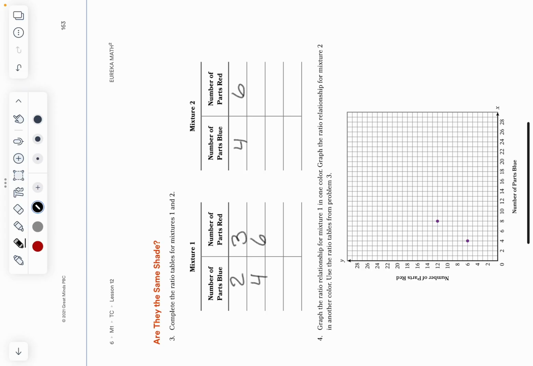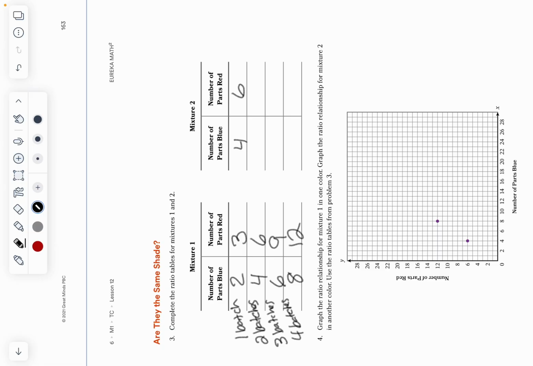For the next one, I'm going to triple it, so I'm going to do times 3. So 2 times 3 is going to be 6, 3 times 3 is going to be 9, 2 times 4 is going to give me 8, and 3 times 4 is going to give me 12. So that's how I'm completing this table. I'm doing this as like 1 batch, 2 batches, 3 batches, 4 batches. And so I'm going back to my original every time, and I'm multiplying it by those numbers.